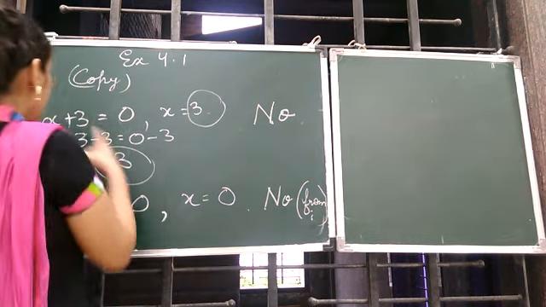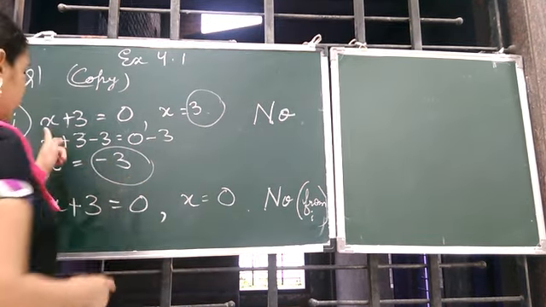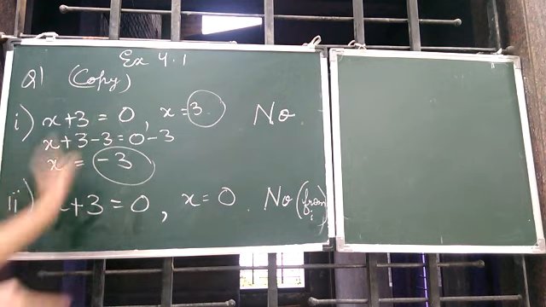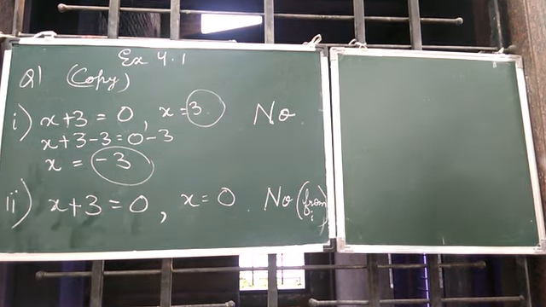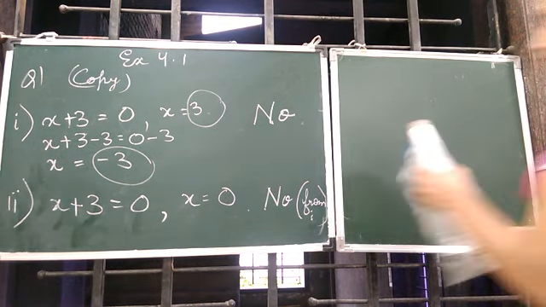Because in first one, the value of x is minus 3. This is the same equation. You can see the equation is same. x plus 3 is equal to 0, x is equal to minus 3. Now you can see here.